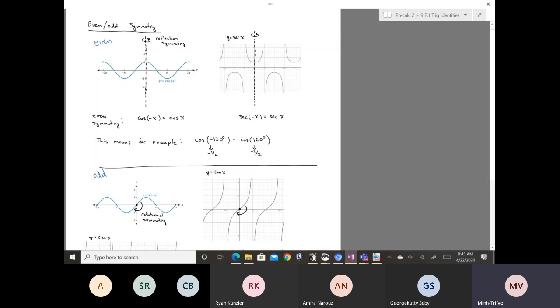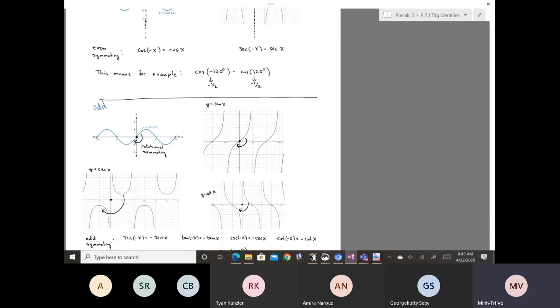So that's even symmetry. Odd symmetry is a little bit harder to see. It's rotational symmetry. If you mark off the origin, and then you take the right half and rotate it 180 degrees, you get the left half. Take this hump in the sine function and rotate it around, it'll turn upside down here.